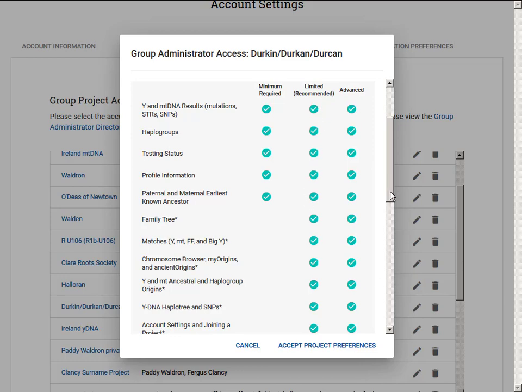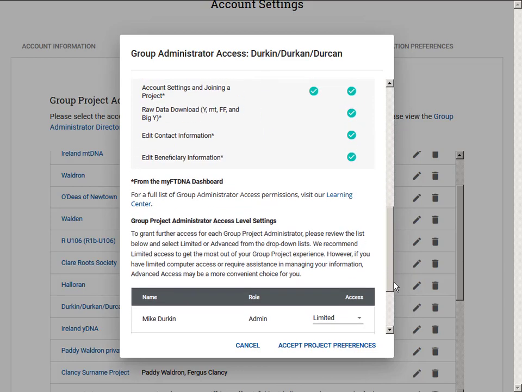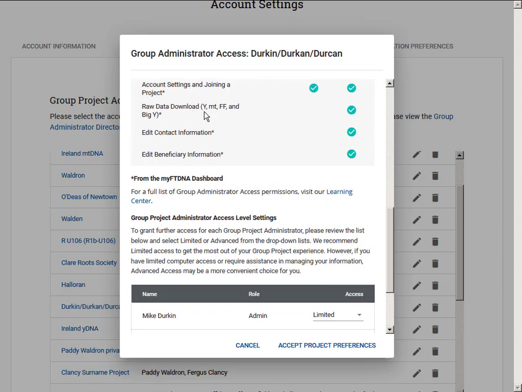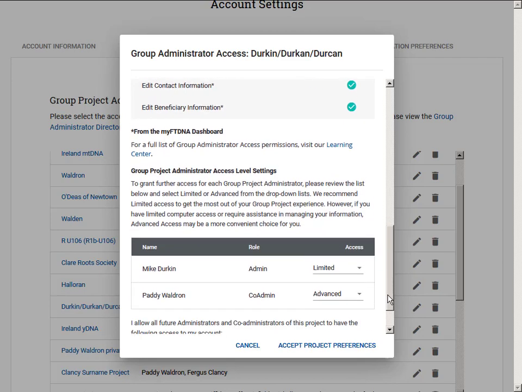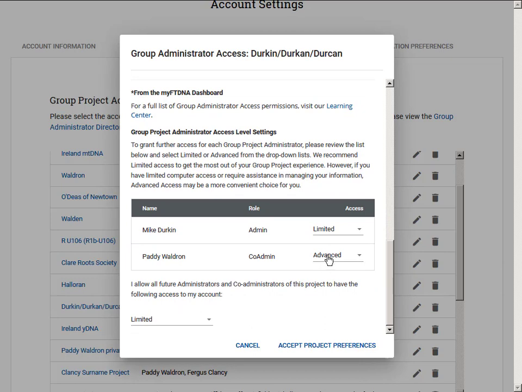And if you really trust the administrator, you can give advanced, which allows things like downloading your raw data, editing your beneficiary information. If you fall under a bus tomorrow morning and you want your descendants to still have access to your DNA, you better have named a beneficiary or given the project administrator those rights. And down here, I'm co-administrator of this project with Mike Durkin, and I can set the access for each of us to advanced or limited or minimum.